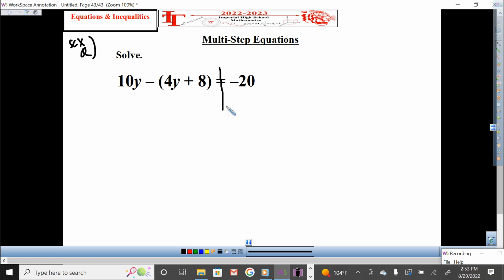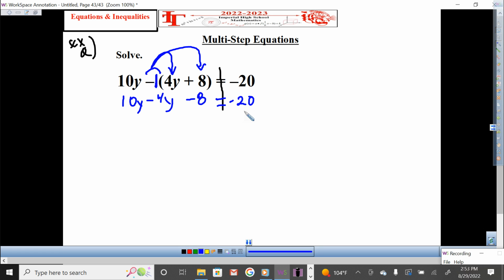So, one thing that you should notice, is there a parentheses? Yes. We need to get rid of that parentheses. Question. What is the coefficient in front of the parentheses, everyone? A -1. So put a 1 there so that you can see it. And we're going to distribute this -1 here and there. So this is -4y minus 8, bring down the 10y, and all that equal to -20.